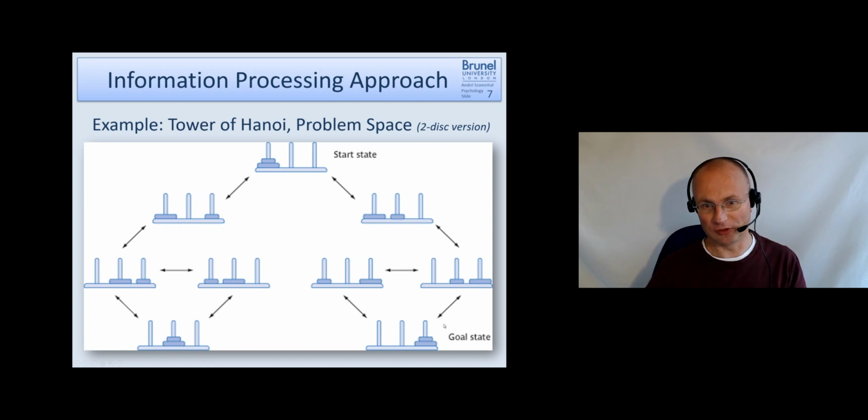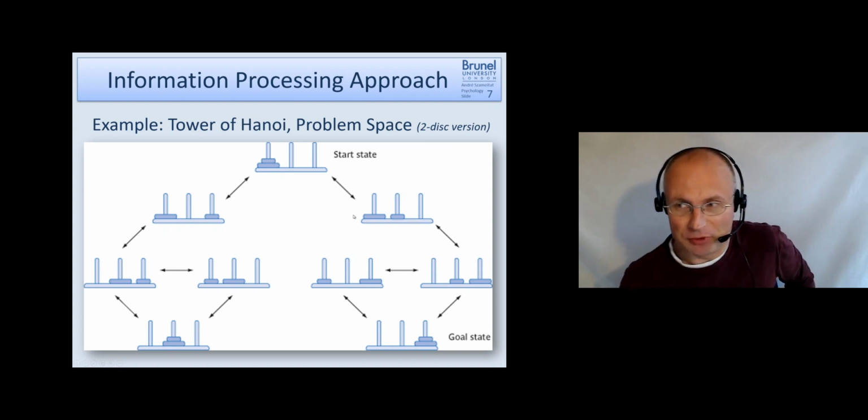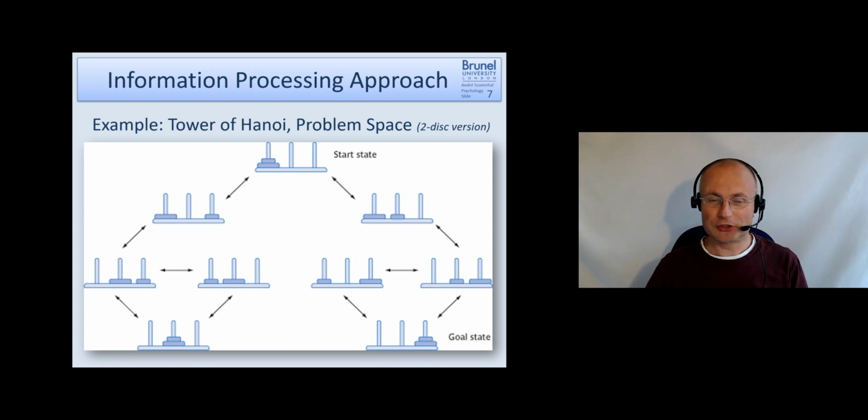I don't need more, no matter where I want to put that. This is a very simple problem, the 2-disk version. When you have the 3 or 4-disk version, this problem space is basically exploding. You have so many different variations of how you could arrange the disks that it gets tremendously huge.